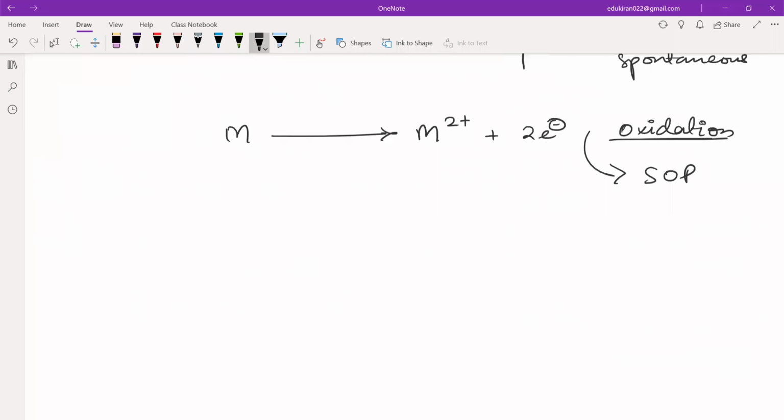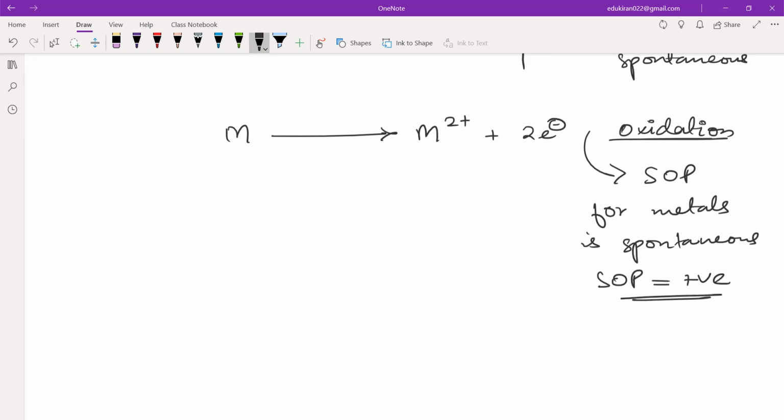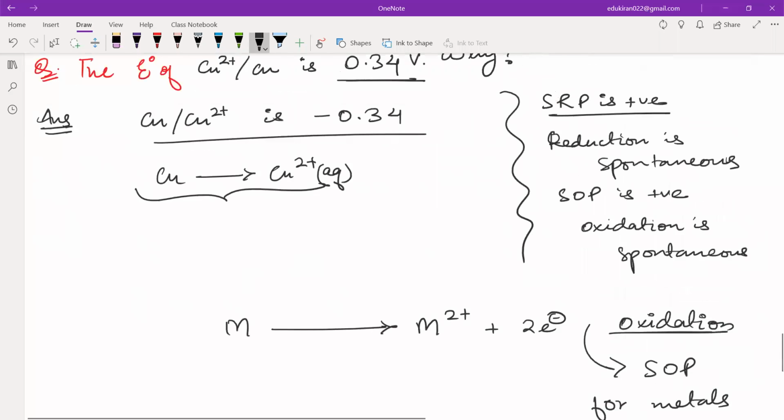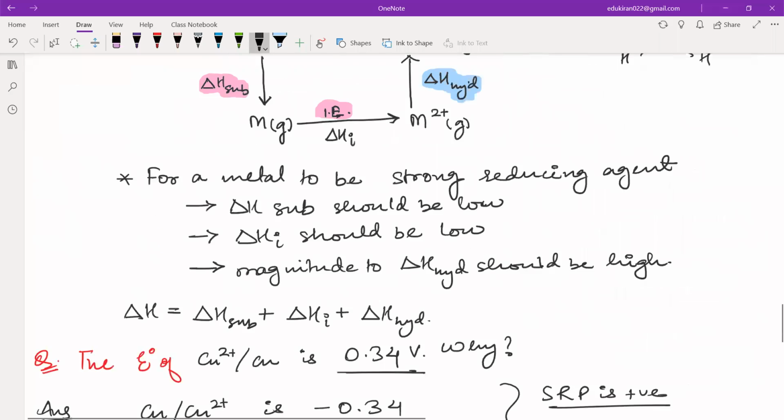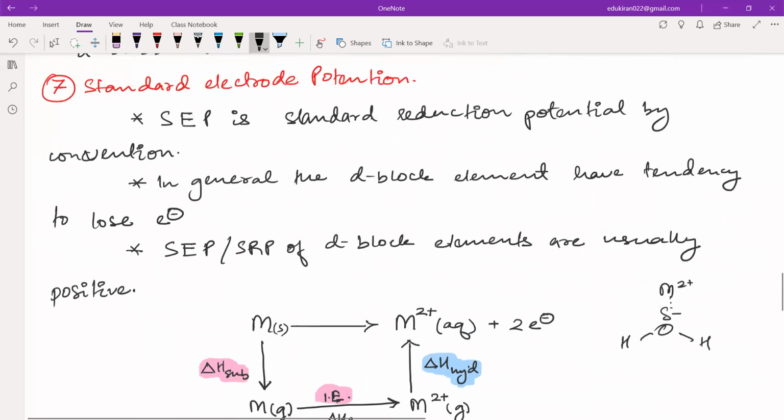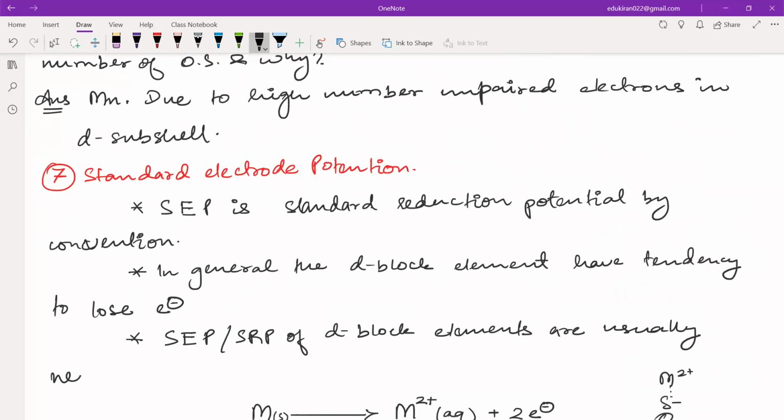That means SOP for metals is spontaneous, and that is why SOP will be positive. Now if SOP is positive, SRP will be negative. Okay. So I think we wrote this wrong. Please change this. No, I don't think you have written this. No, it's negative.